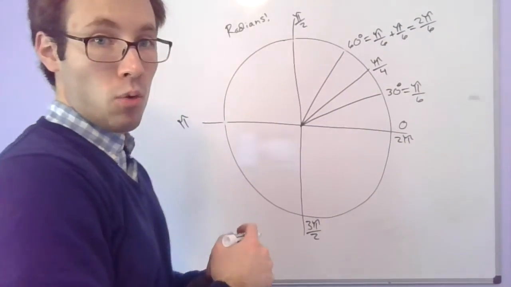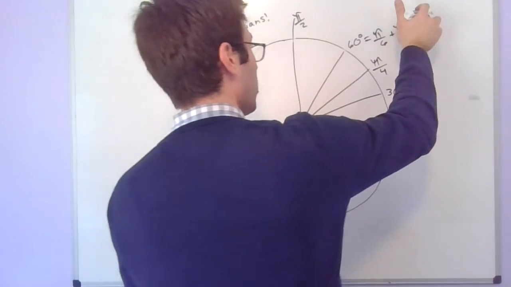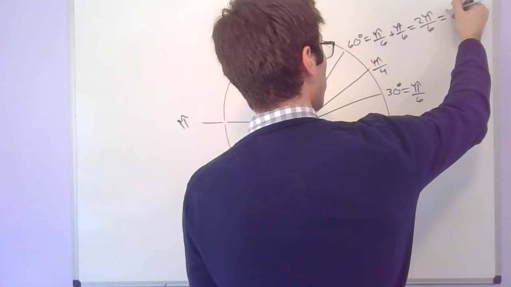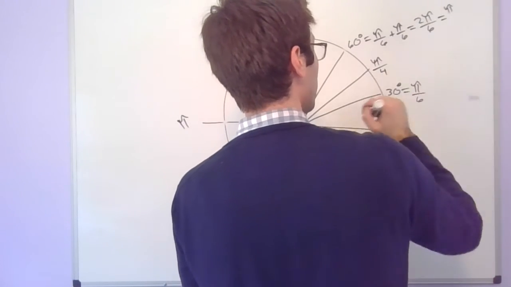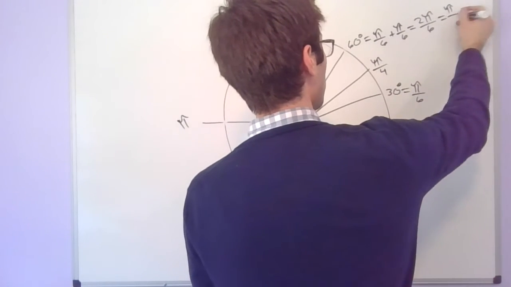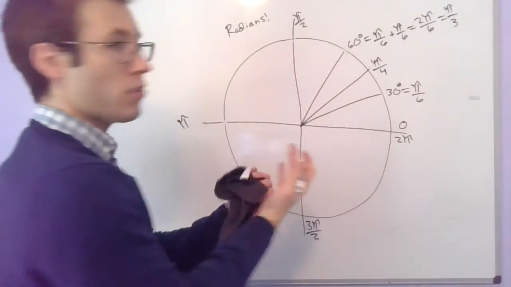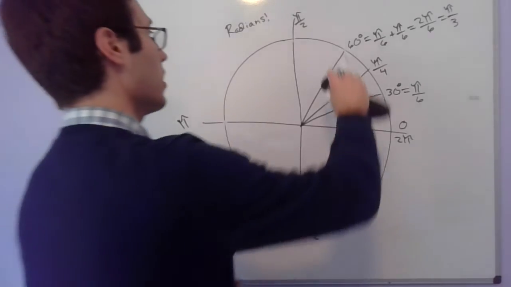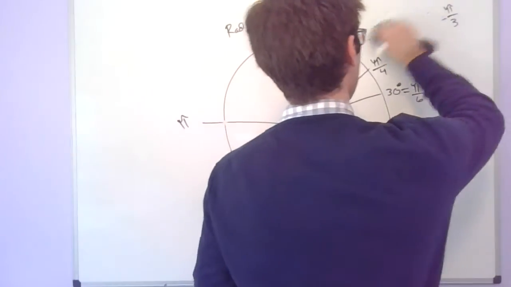In other words, you divide the numerator by 2, which is pi, because 2 pi divided by 2 is pi. 6 divided by 2 is 3. You can reduce it. So it's pi over 3 right there. So let's erase this and realize this is pi over 3.